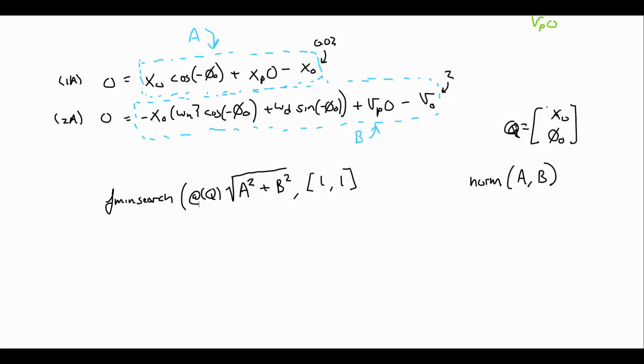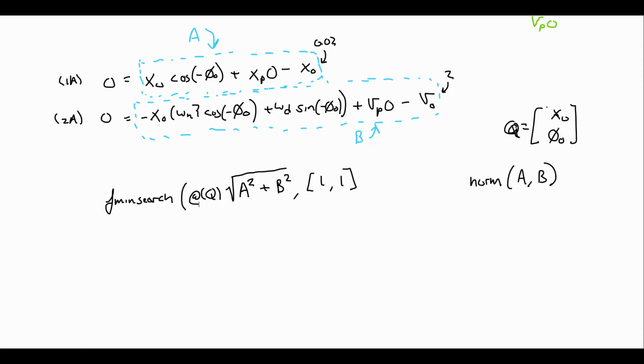If I find an x naught and a phi naught that produce anything but 0.02, then A is going to be something that is not 0. And then I'm going to square it, so it's going to be some positive number. A is the smallest when my x naught and phi naught make that expression equal to 0, meaning that I have satisfied that initial condition.